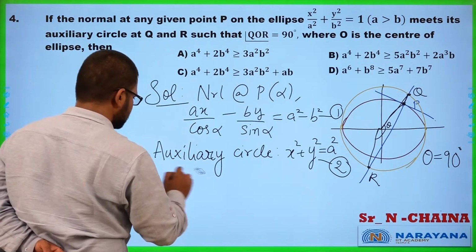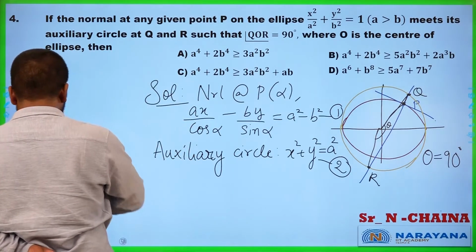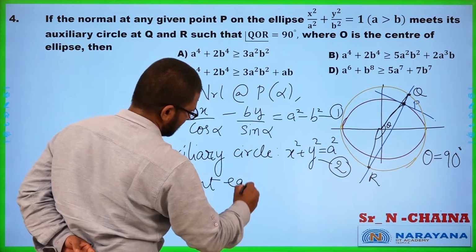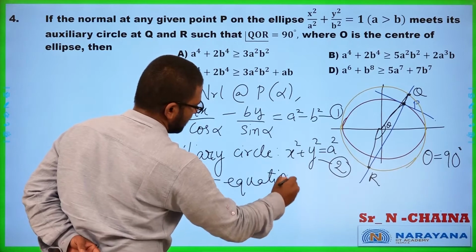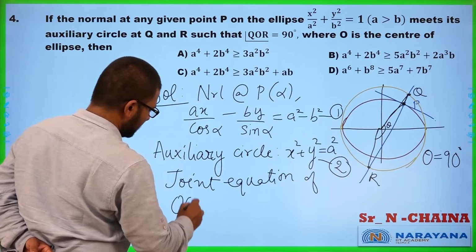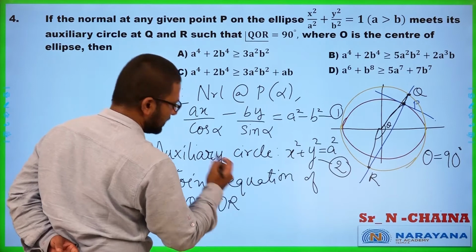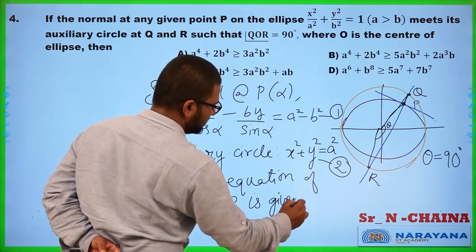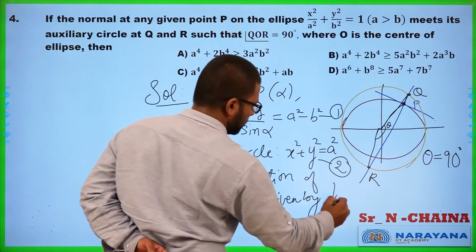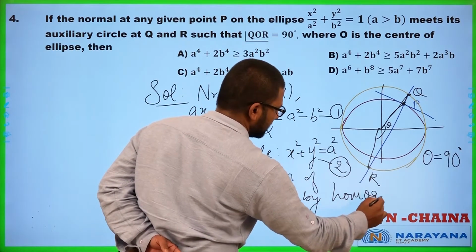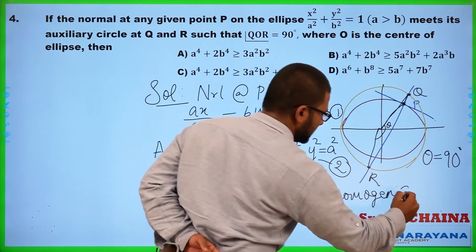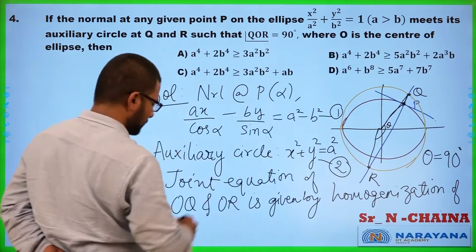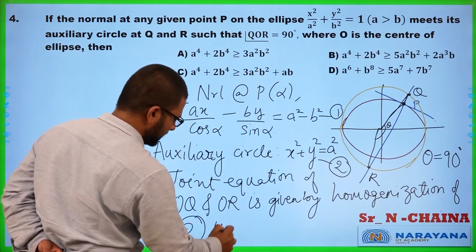Alright, so the joint equation of OQ and OR is given by homogenization of 2 using 1.